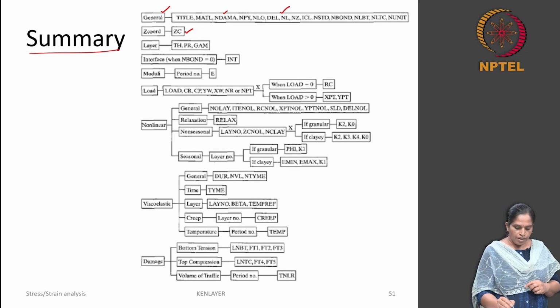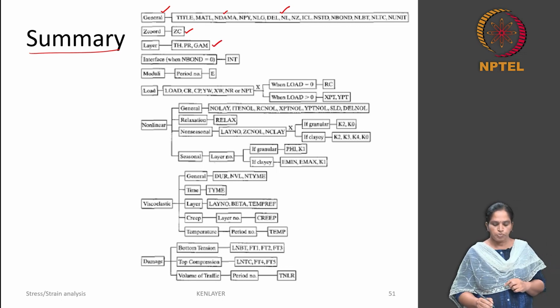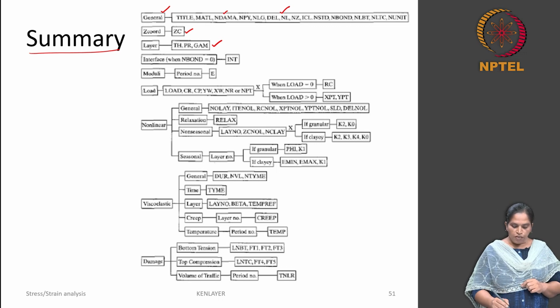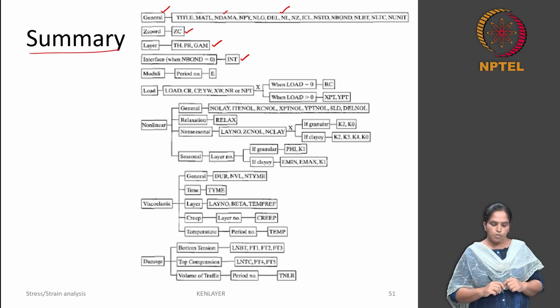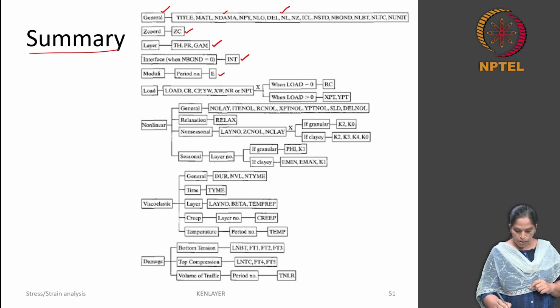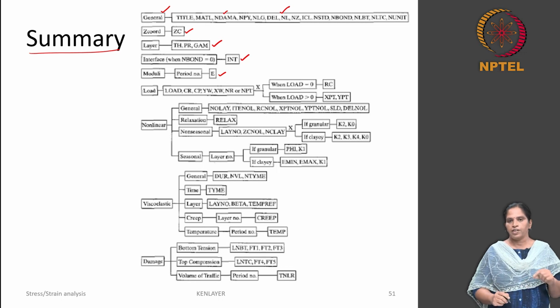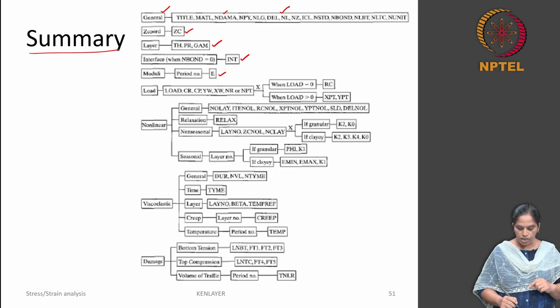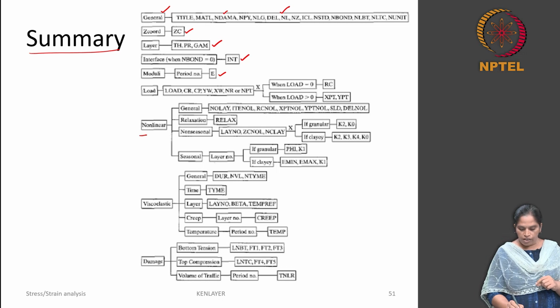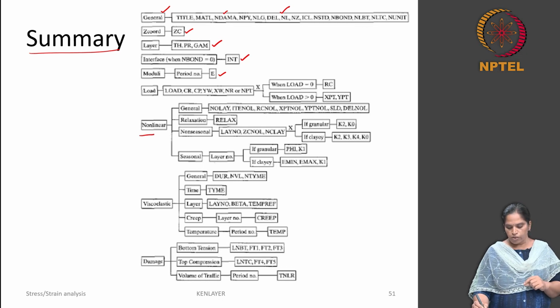We define the layer thickness, Poisson's ratio and a gamma value for determining stresses and strains, and we assume the layer interface to be a default value, and we used a modulus value. This modulus value, if it is elastic, we keep as constant. If it is assumed to be non-linear, the modulus value is going to depend on the stress.